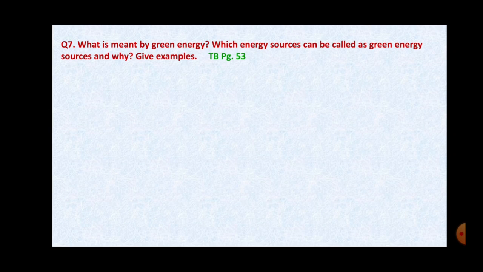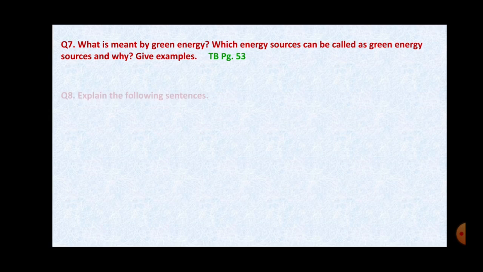The examples of green energy are hydroelectric energy, wind energy, solar energy, and energy obtained from biofuels. These sources of energy do not produce any toxic gases or other pollutants, therefore they are safe.